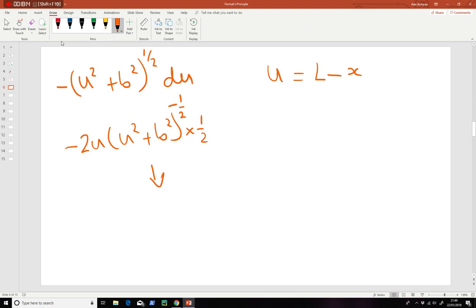So that whole thing eventually becomes minus 1, because the minus half multiplied by the 2 is just minus 1, and we don't need to write the 1. L minus x. And then underneath, I can bring that down. That becomes L minus x all squared plus b squared, to the root.